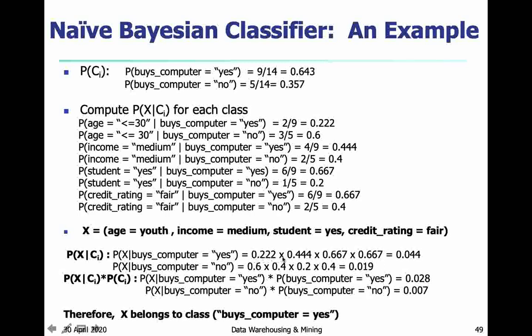For yes, it is this, and for no, it is this. Means we have multiplied all the yes values and all the no values. Then you need to find this value, P(X conditioned on Ci) into P(Ci). Okay, so it is this value and this is this value.